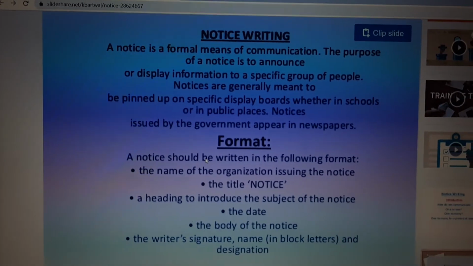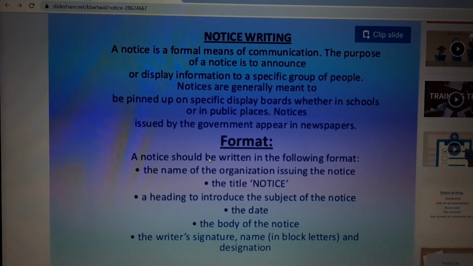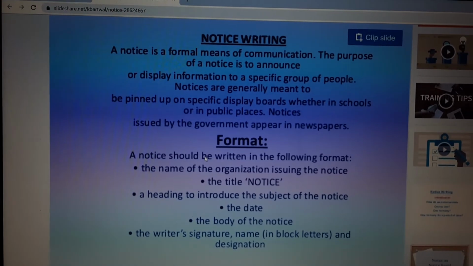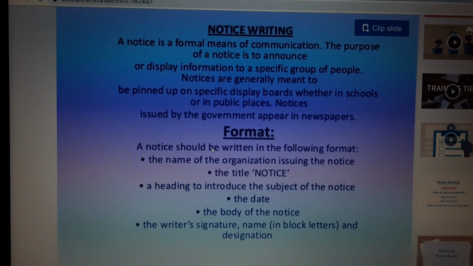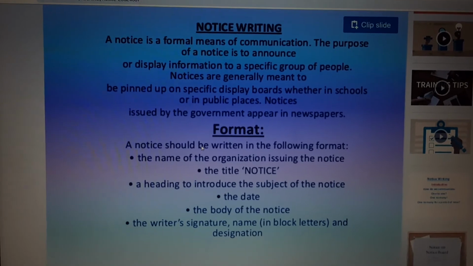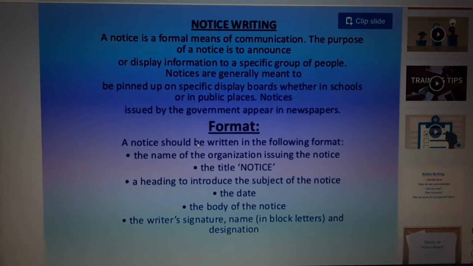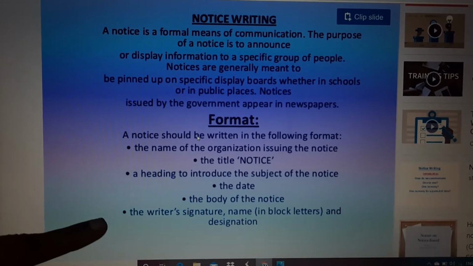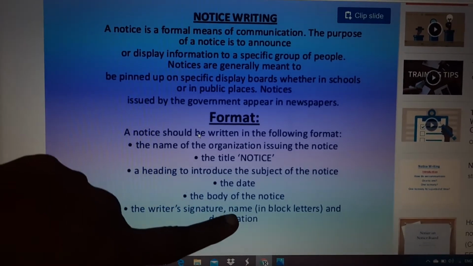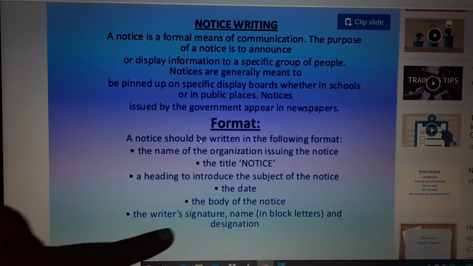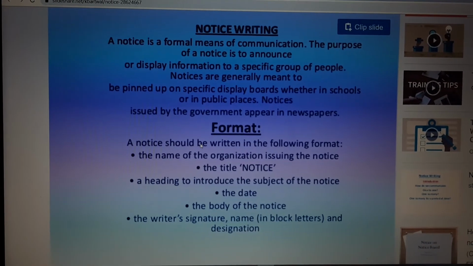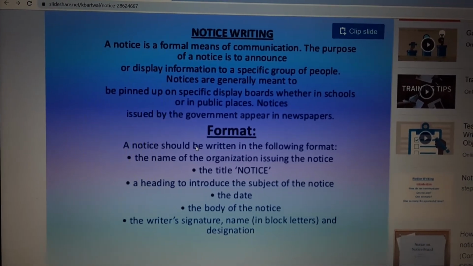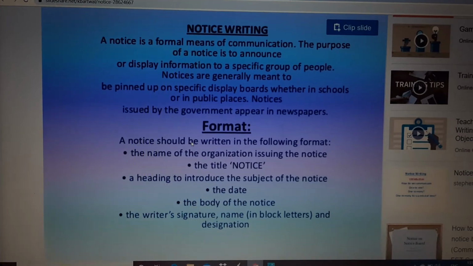A notice should be written in the following format: the name of the organization issuing the notice, the title notice, a heading to introduce the subject of the notice, the date and the body of the notice, the writer's signature, name in block letters and the designation. We have already seen it on the whiteboard just now. Just like that, you need to write the format of the notice.